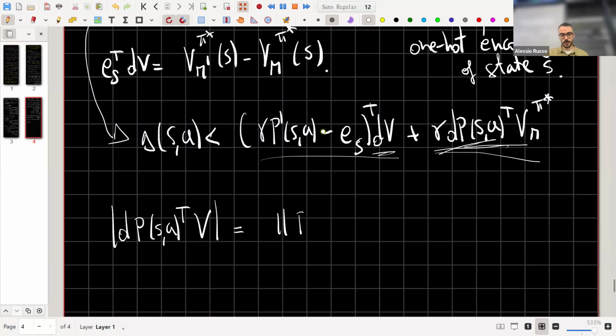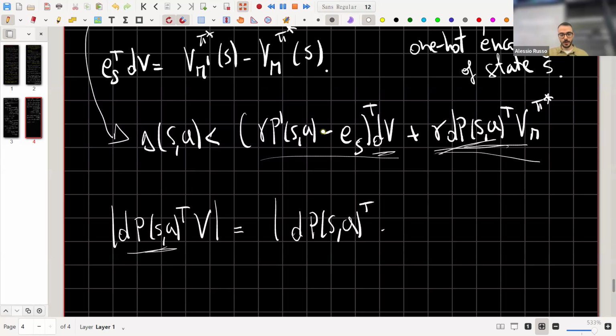This will become the difference between P and P prime of SA. But there is a small step we should do first. We need to take advantage of the fact that this vector is a difference of probability distributions to make the upper bound a bit tighter.